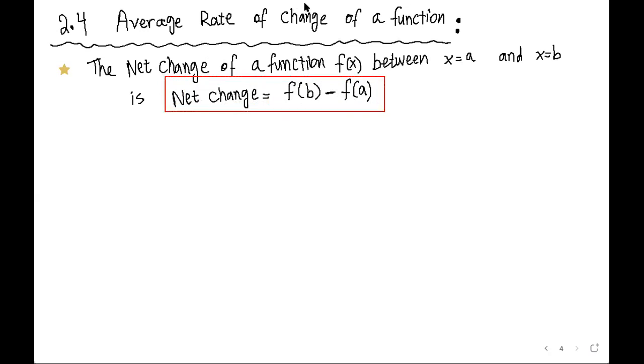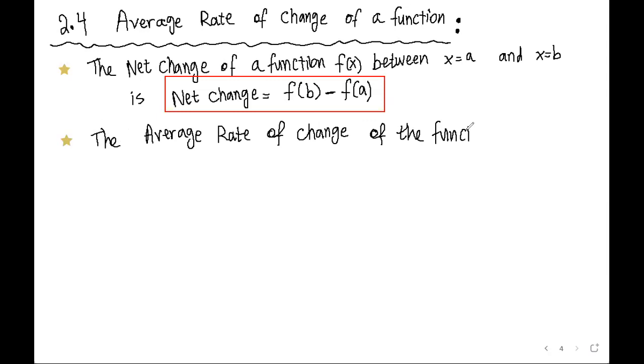The second formula is the average rate of change. The average rate of change of this function f of x between x equal a and x equal b is the net change over b minus a.